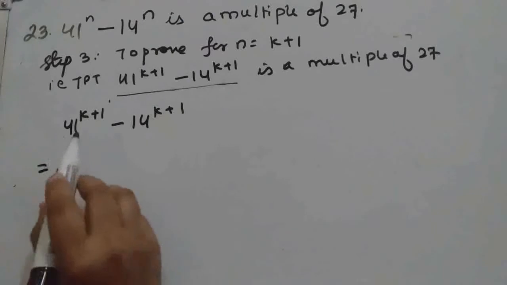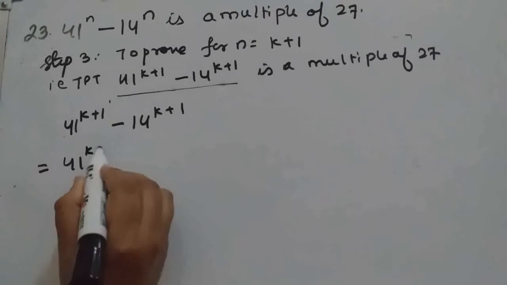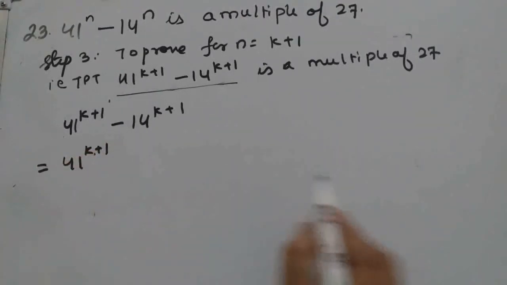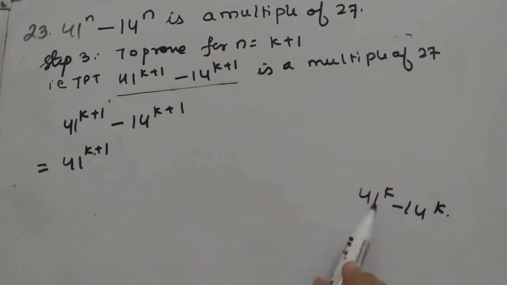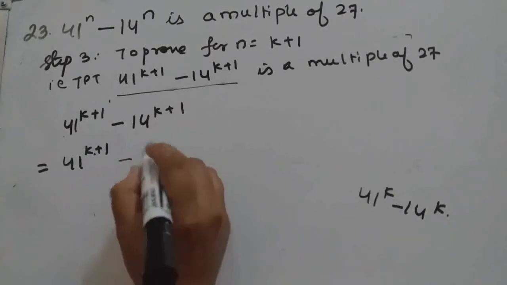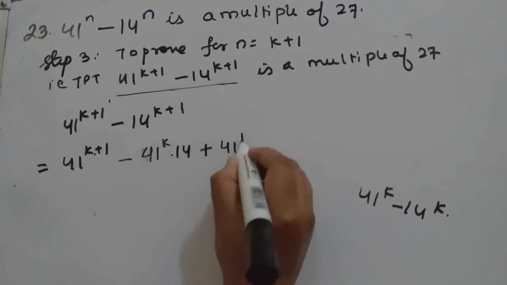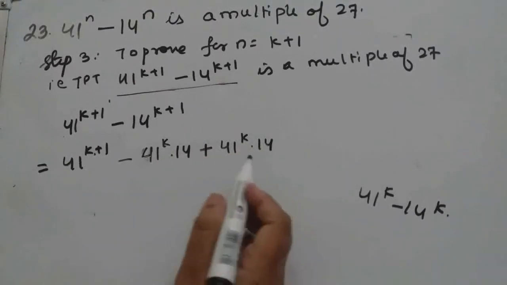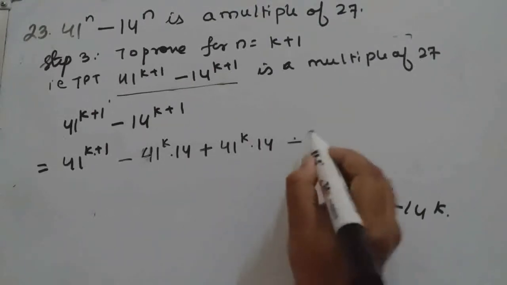Now here nothing is common. Okay, so we have to add and subtract one number. So which number we can add and subtract? See, we have to make use of our equation 1. Okay, so this is given. So what we can do, we can take 41 power k into 14, add and subtract, or vice versa also we can take, means 14 power k into 41, then last term.